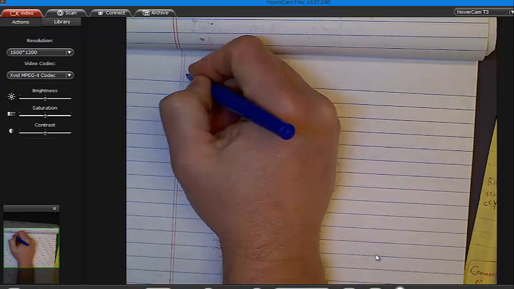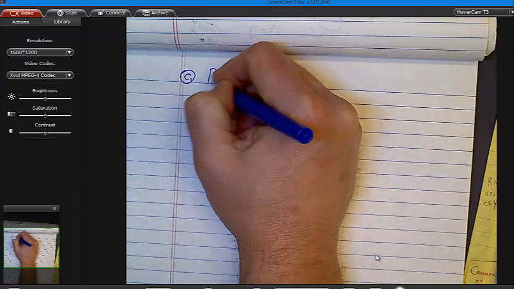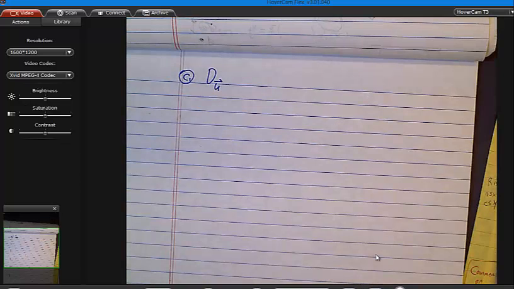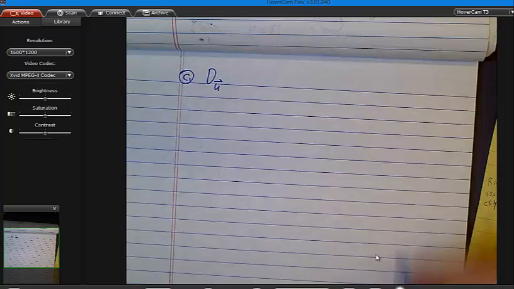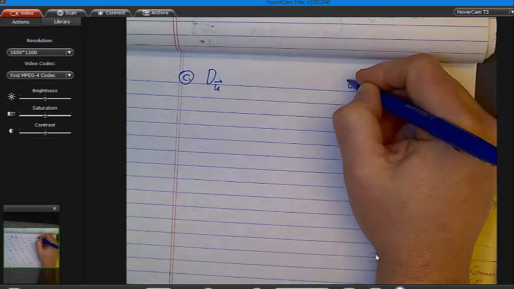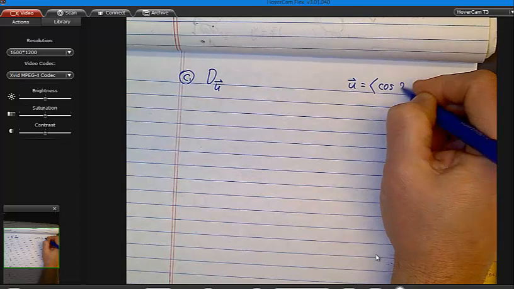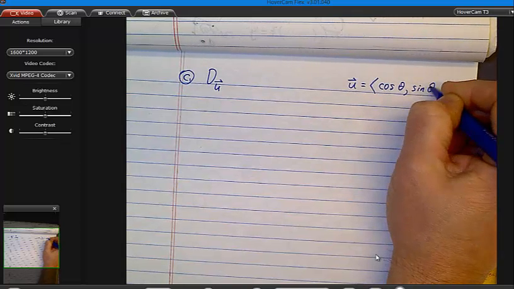Part C, same problem. The directional derivative is always given in terms of a unit vector. Here, maybe the thing to do is to say my unit vector is going to be cosine of theta, sine of theta.